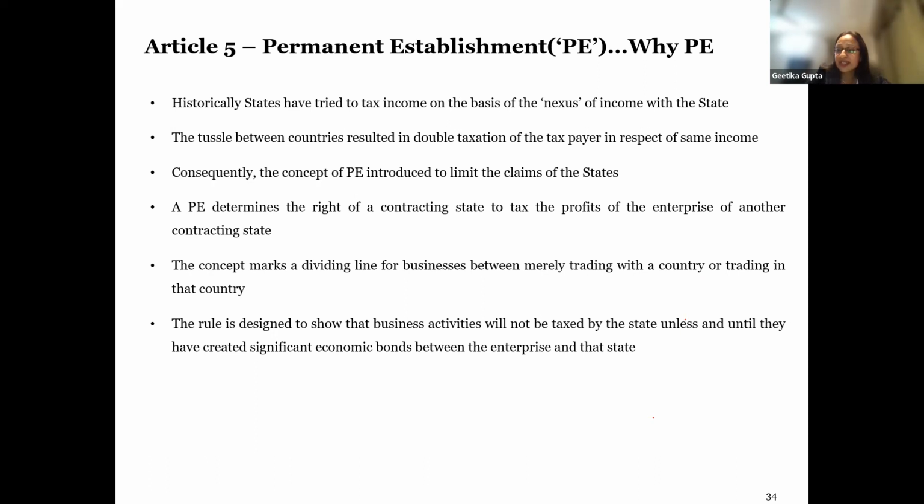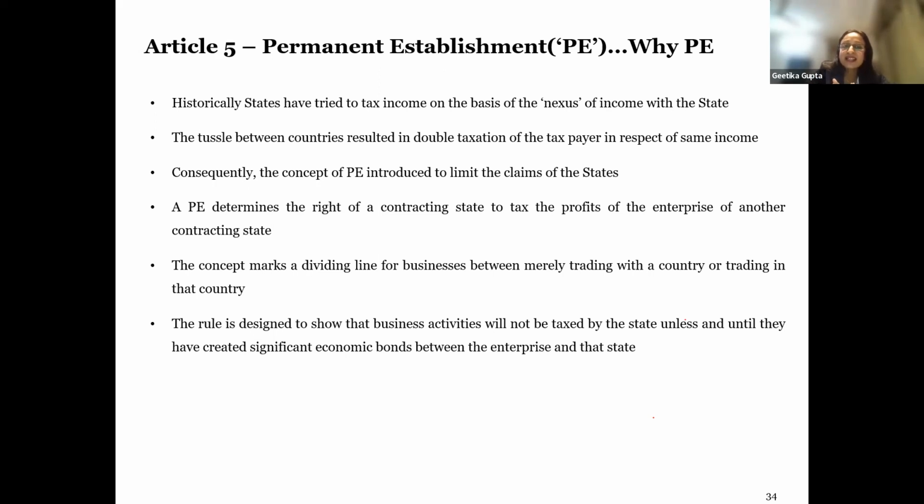All modern tax treaties use PE as the main instrument to establish taxing jurisdiction over a non-resident's business activity in the other state. So the existence of a PE is the decisive condition for taxation of income from business.